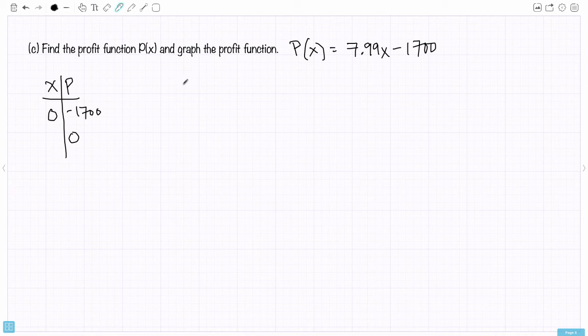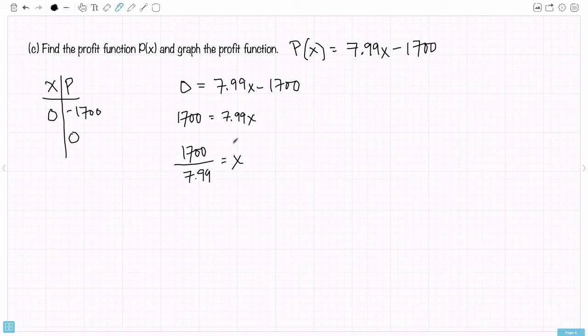I have to solve for that one. If I put 0 in for p, I have 7.99x minus 1700. Solving for x, I'd add 1700 to both sides. 1700 divided by 7.99 is about 212.77.